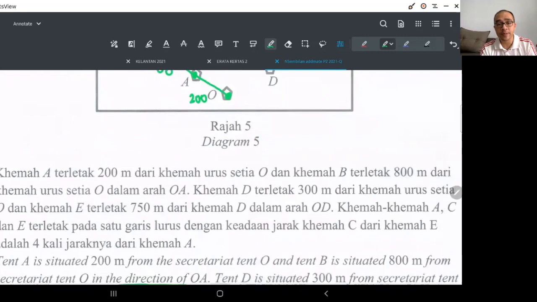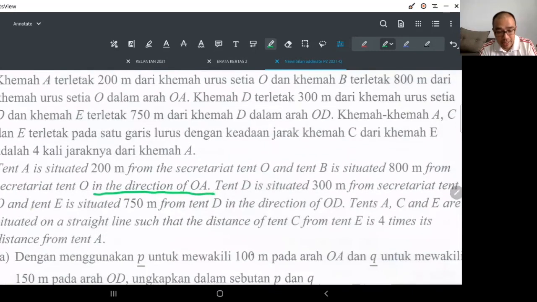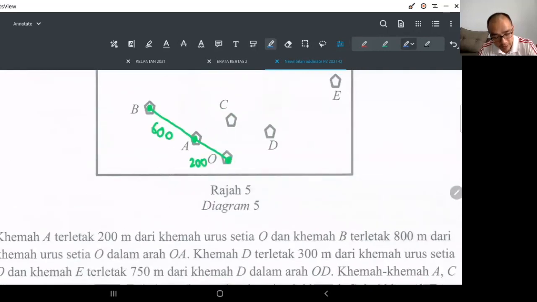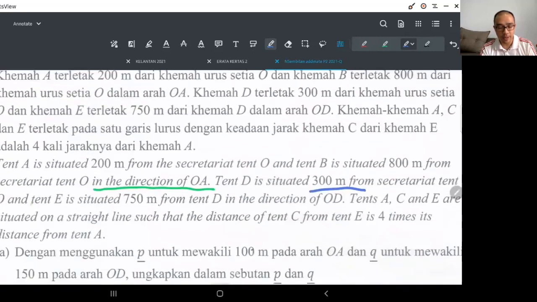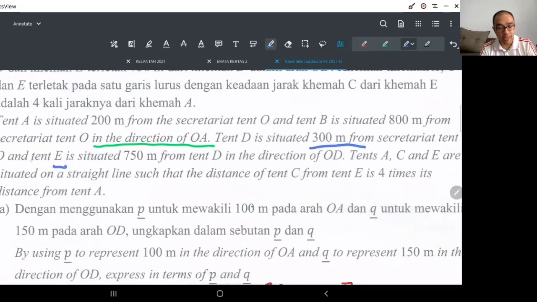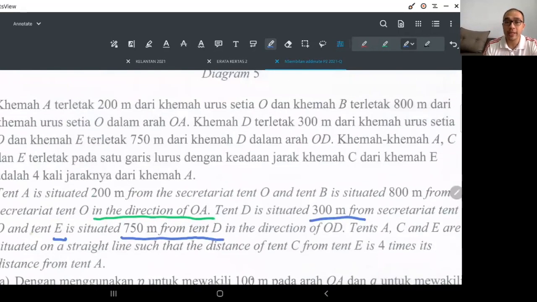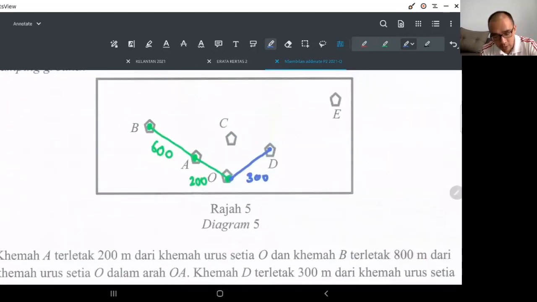Thirdly, 10D is situated 300 meters from the secretariat 10O, so over here is 300 meters. And 10E is situated 750 meters from D, not from O, in the direction of OD. So over here, this is 750.